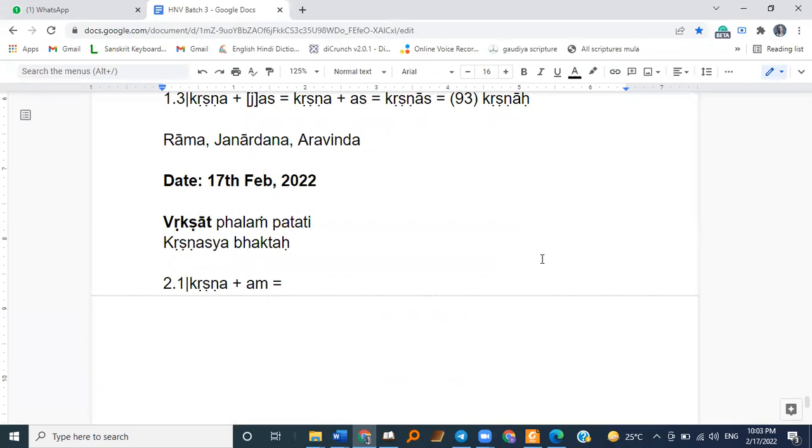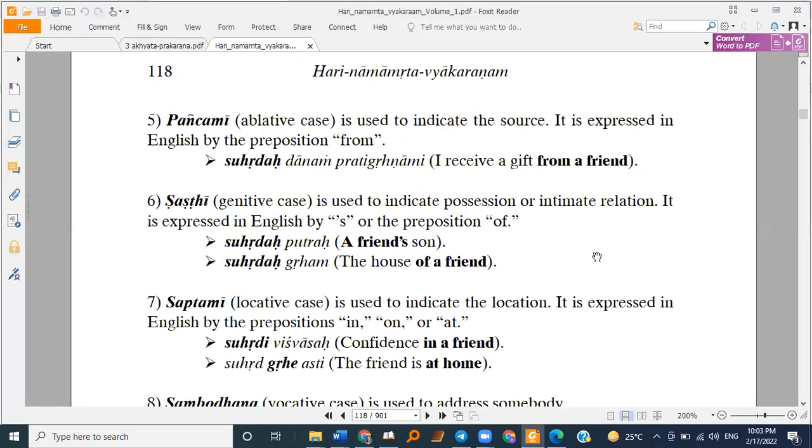Whose devotee? Krishna's devotee. We can say either way, Krishna's devotee or the devotee of Krishna, the same thing. So this usage is the sixth case usage, where it denotes the intimate relation between two things.